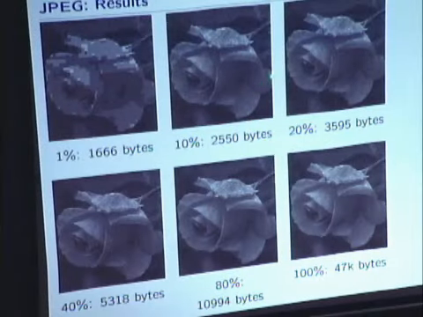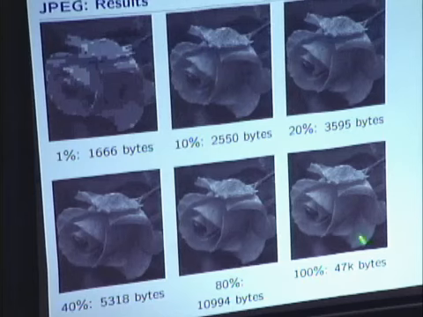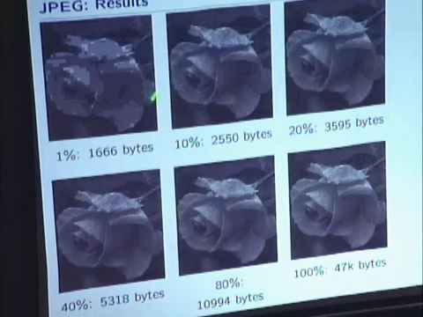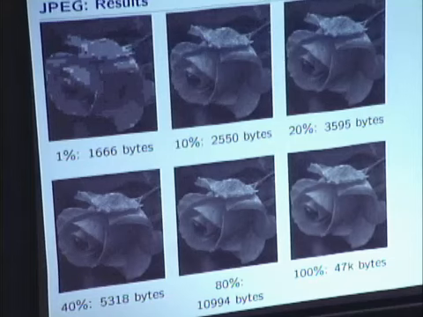And you can see that you can throw away, from 47K down to 2K, 19 pieces of data out of 20, and you still get a very good resolution picture. And that's because the quantization is happening in the Fourier domain, and you can match the Fourier resolution better to the psychophysical properties of the eye.